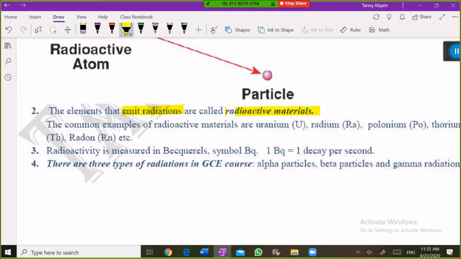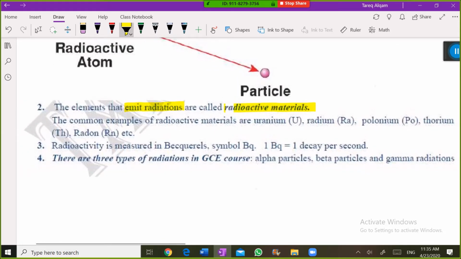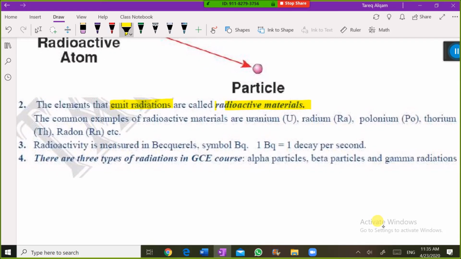Common examples are uranium, radium, polonium. Radioactivity is measured in becquerel. The becquerel shows how many decays we have per second. There are three types of radiation, as we discussed: alpha, beta, and gamma.